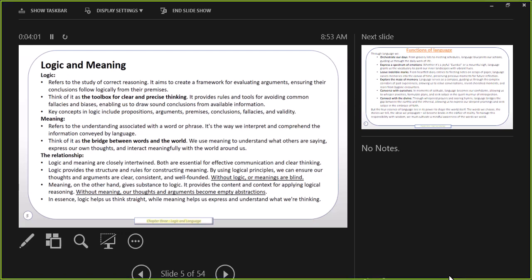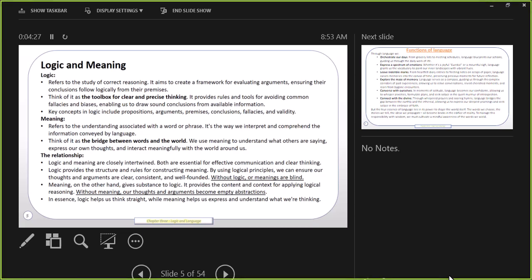Logic is empty without language, and language is blind without logic. What does that mean? Very good. What else?